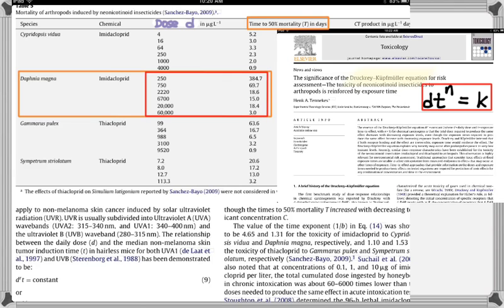First of all, what are the variables that we're interested in here? The two quantities that we're trying to relate together are the dosage and the time, the effect time. So those are the variables, D and T.